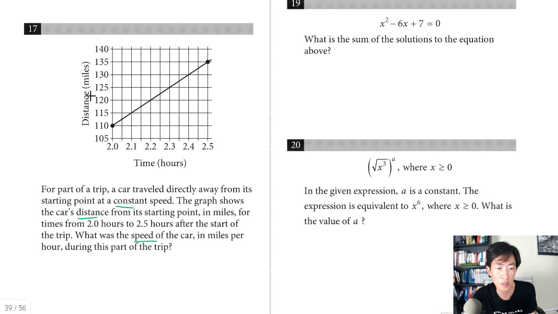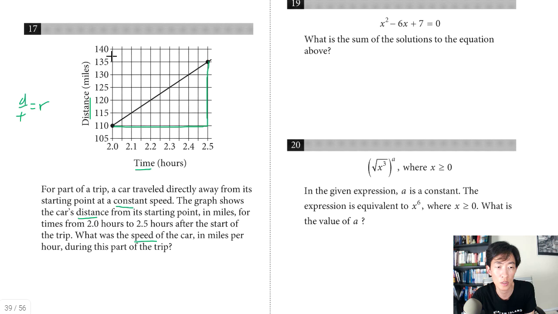If you've got distance versus time on a graph, I know that the speed is going to be the slope of the line. Why? Because distance over time equals rate. And on a graph, since the car is going at constant speed, it's going to be a straight line. All you need to do is calculate the slope. Just take any 2 points. Let's do the ones that they gave us, here to here, and do rise over run.